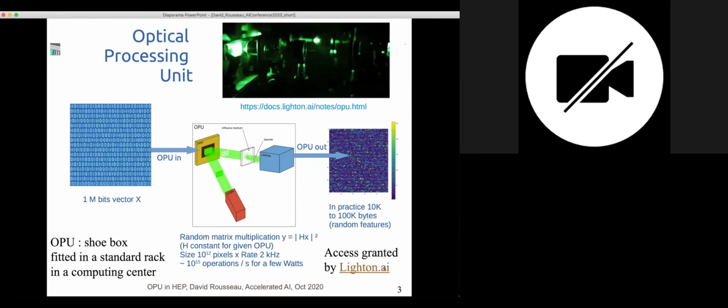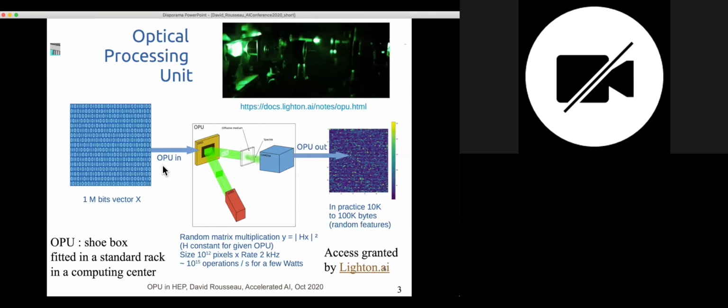One of these new paradigms is machine learning, as we all know, and since a few years we do more and more machine learning. But there's a new device out there whose usage we have explored, which is the OPU, optical processing unit. This is quite amazing, quite ingenious. It is made from two parts.